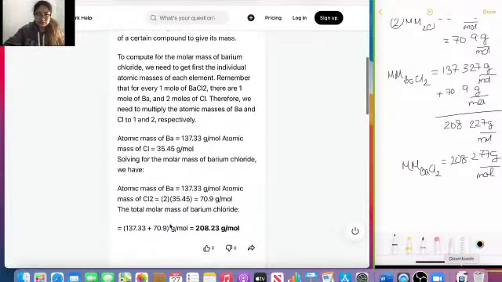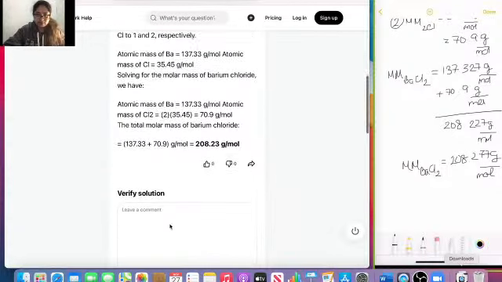I just left my numbers as they were, so I guess they rounded the number, however the answer is still the same. The solution is correct. Good job.